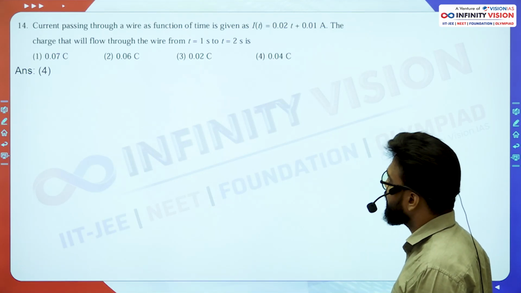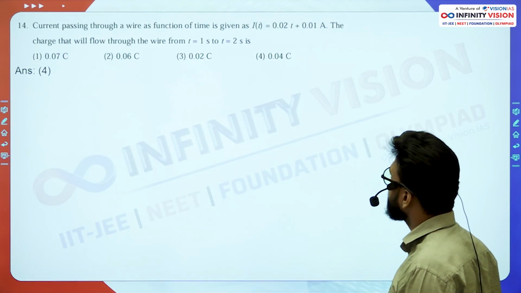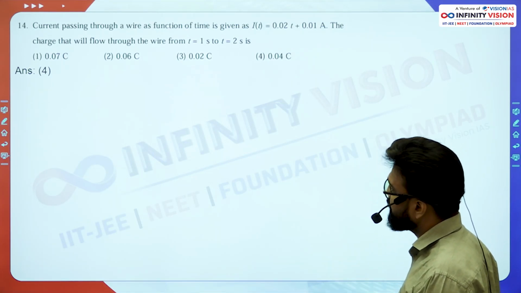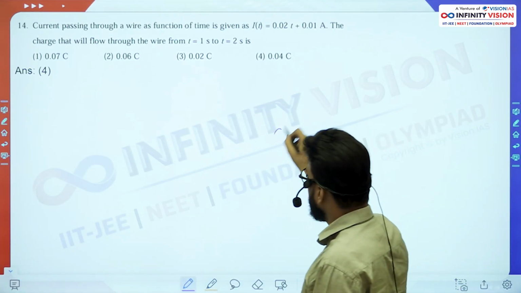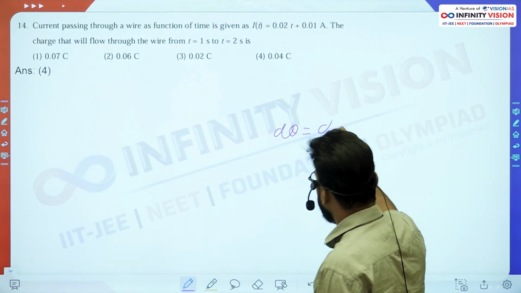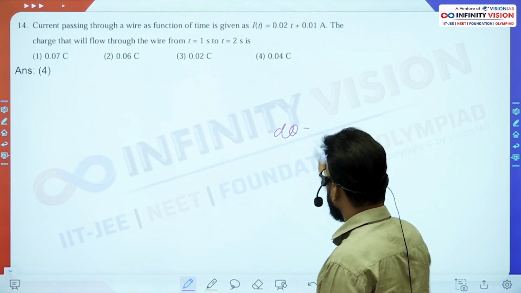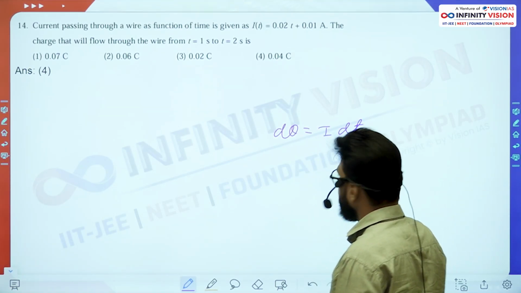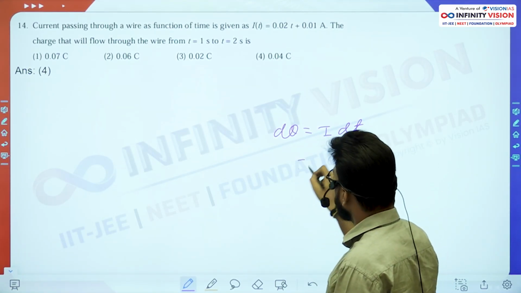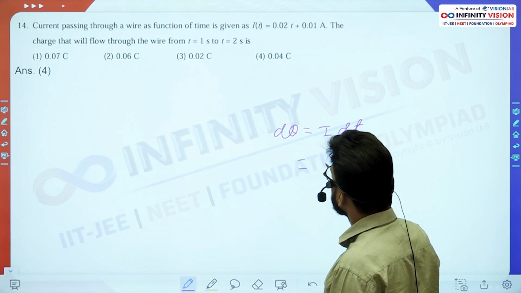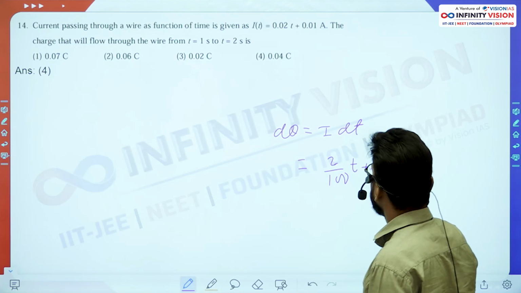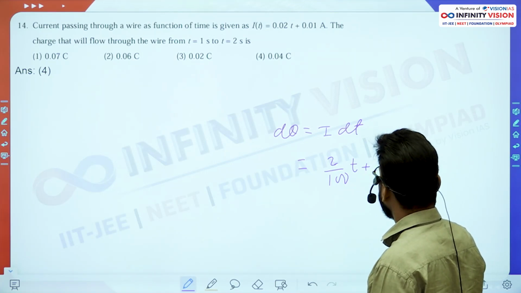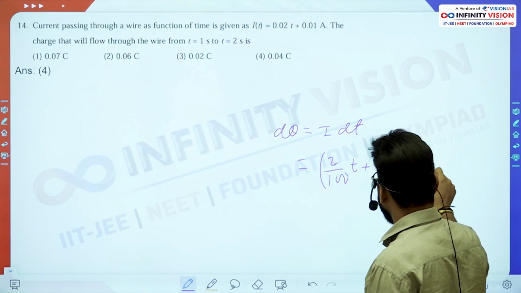Current passing through the wire as a function of time is given to you as this. So the charge that will flow from the wire from t is equal to 1 to 2 seconds. So we already know that dq, the charge flow, is called I dt. Okay, from this we're gonna put the value of I, which is nothing but 2 by 100 t plus 1 by 100 into dt.